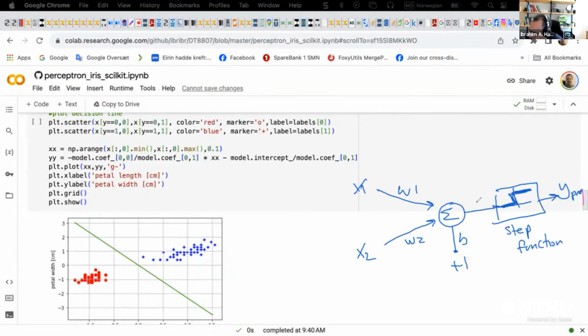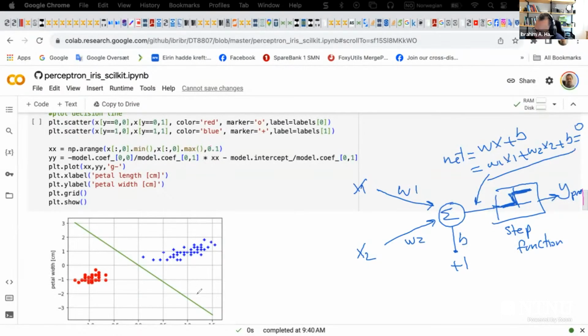In fact, we calculated a value here that we call net. Net equals omega x plus b, or omega 1 x1 plus omega 2 x2 plus b. If we set this value equal to 0, this will be my decision line, right? So we need to plot this line.